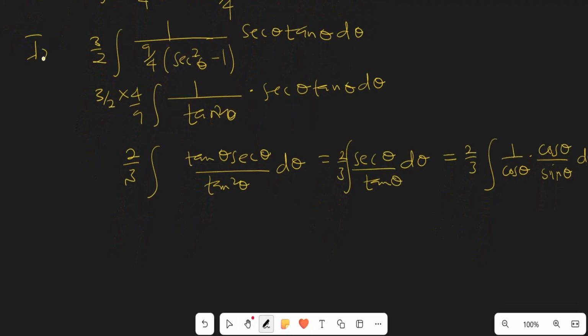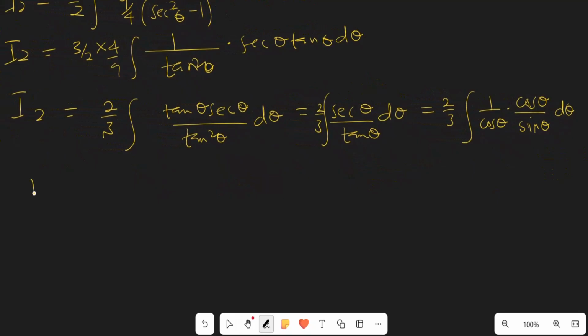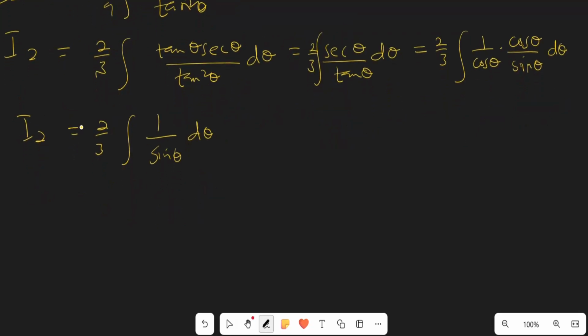This was our I2. So our I2 is still 2 over 3, the integral. The cosine thetas will cancel, and we are left with 1 over sine theta d theta. And what is 1 over sine theta?